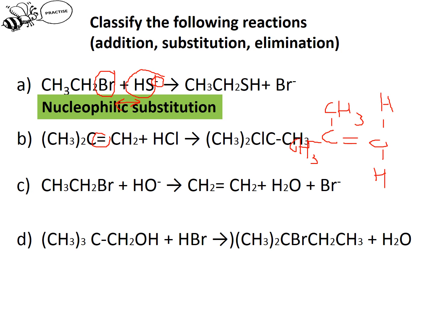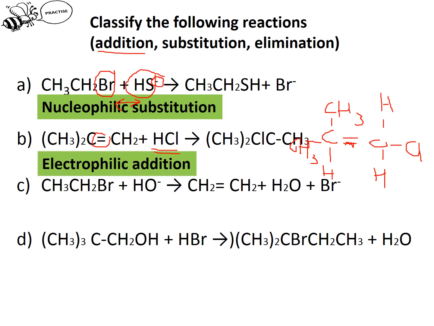So dia masuk dengan HCl. So HCl will masuk dekat sini, H kat sini, double bond tu akan terbuka. Double bond terbuka, Cl akan masuk dekat sini. So this is a addition. Sebab kamu add in HCl dalam reaction.